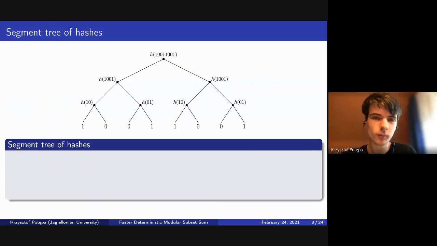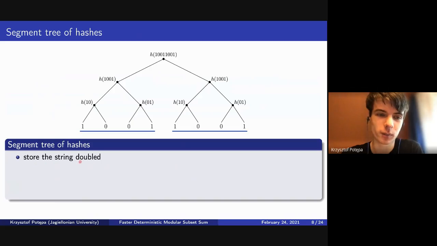Okay, so how does the approach with the segment tree work? First of all, we double the string, the characteristic vector. So now every cyclic shift of string S is a substring, and we build a segment tree over it.